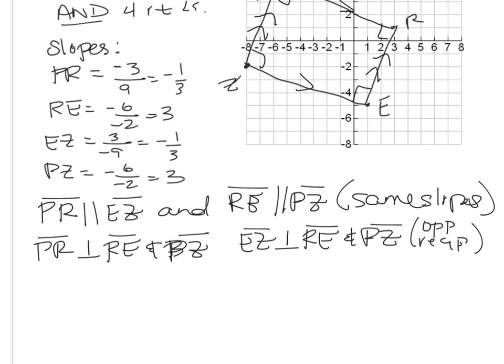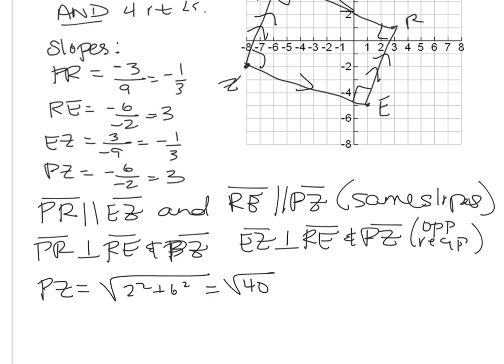So the distance PZ is equal to the square root of 2 squared plus 6 squared, which is the square root of 40. And for our purposes, we don't really need to simplify it.